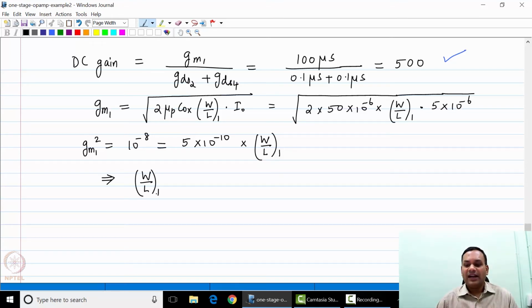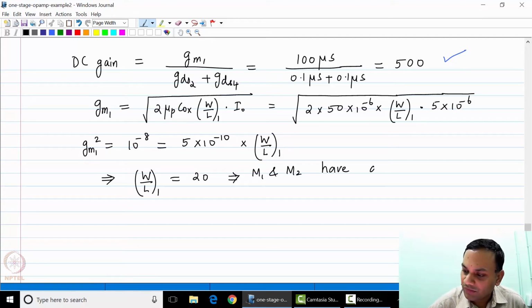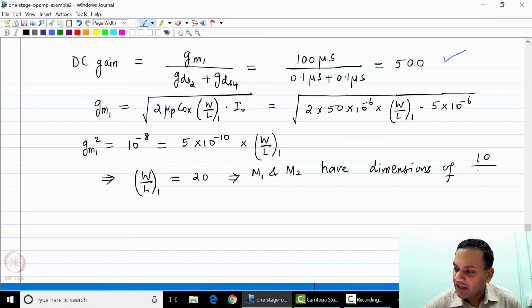This means that the width to length ratio of transistor 1 is 20, so M1 and M2 have dimensions of 10 over 0.5, so 10 micron over 0.5 micron.